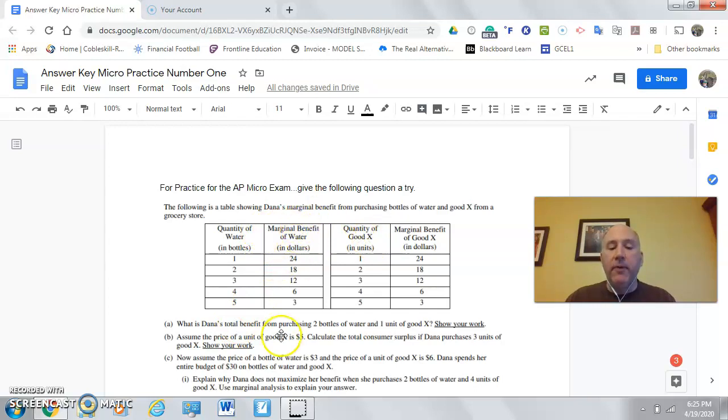If this said total benefit, then one thing you would notice, if this was asking you to do marginal analysis, the numbers would be increasing. They wouldn't be decreasing. It would be going like, at 1 it would be 3, and then it would be 6, and then it would be 12, and then it would be 18. These would be inverse, not the way they are. They are descending. They would be ascending.